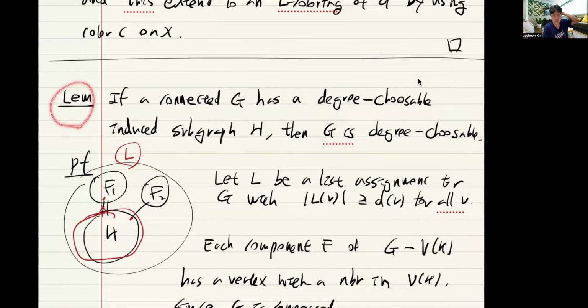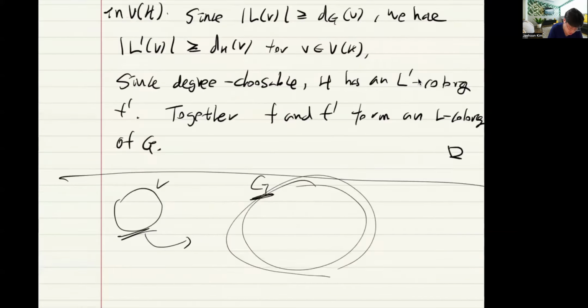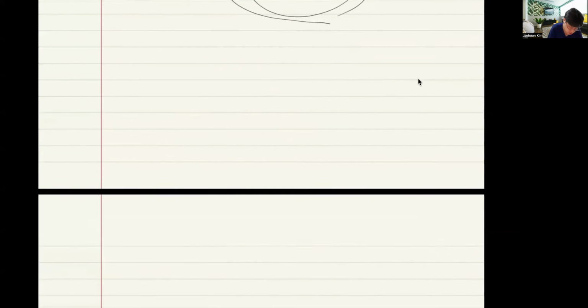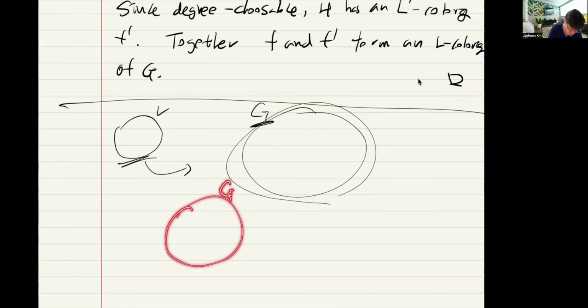So this is the lemma which is useful for us to prove a certain graph is degree choosable. Then our strategy is that we want to show a certain graph G is degree choosable, which will be useful for us to prove Brooks' theorem. And for that, we have to show that it has an induced subgraph which is degree choosable.